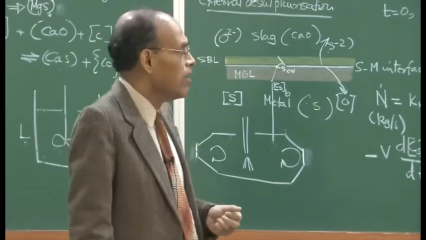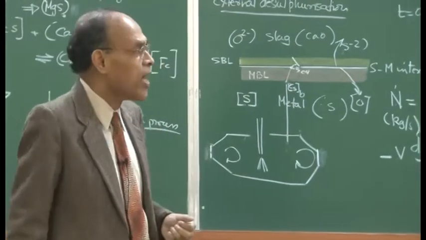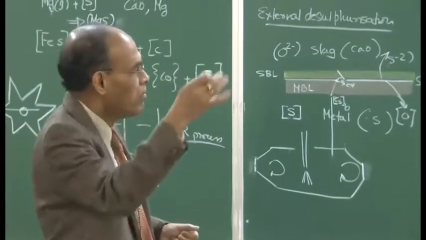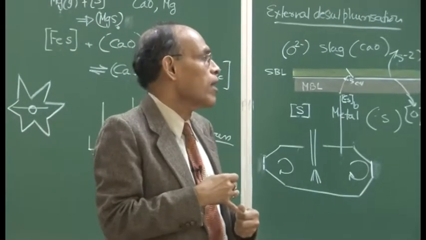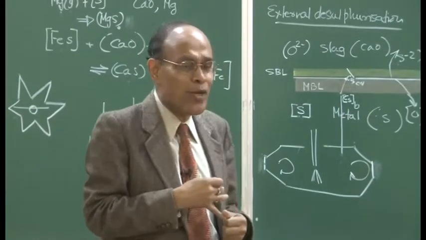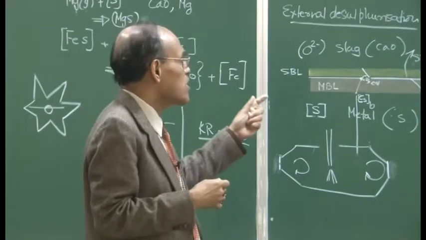But in India and in most countries, high phosphorus pig iron may be used down the road, but today at least it is not so popular. I think it is not contextual here to discuss dephosphorization.